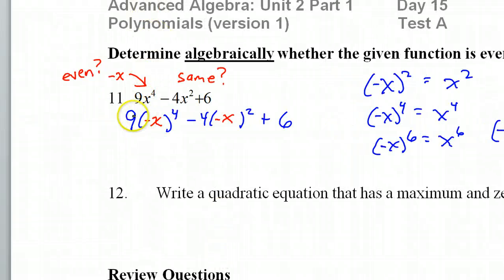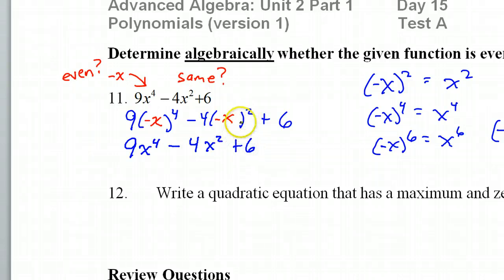So, in other words, I could basically just erase these negative signs because they're even powers. So this would be the same thing as 9x to the 4th power minus 4x squared plus 6. Alright? Doing the even power would be the same as getting rid of that negative sign.